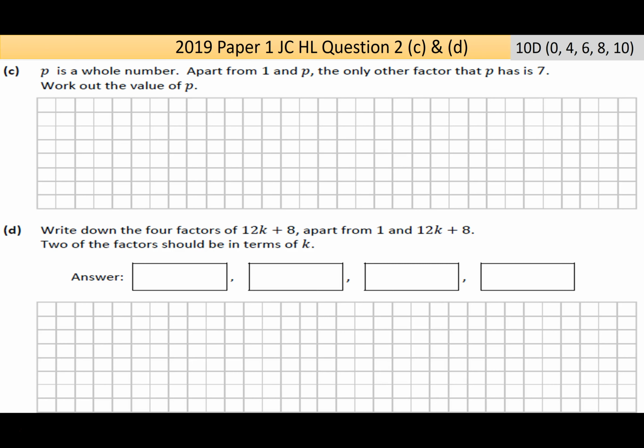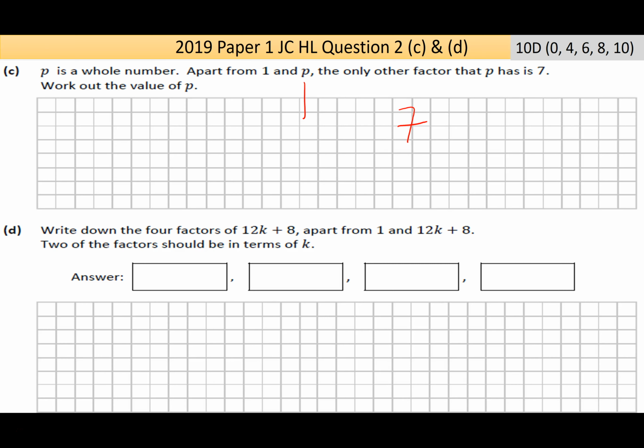Think of 7 times, okay, this is tricky. If I recall, we're looking at, if the only factors are 1, itself and 7, what's the only number that can be divided by 1, 7 and itself?